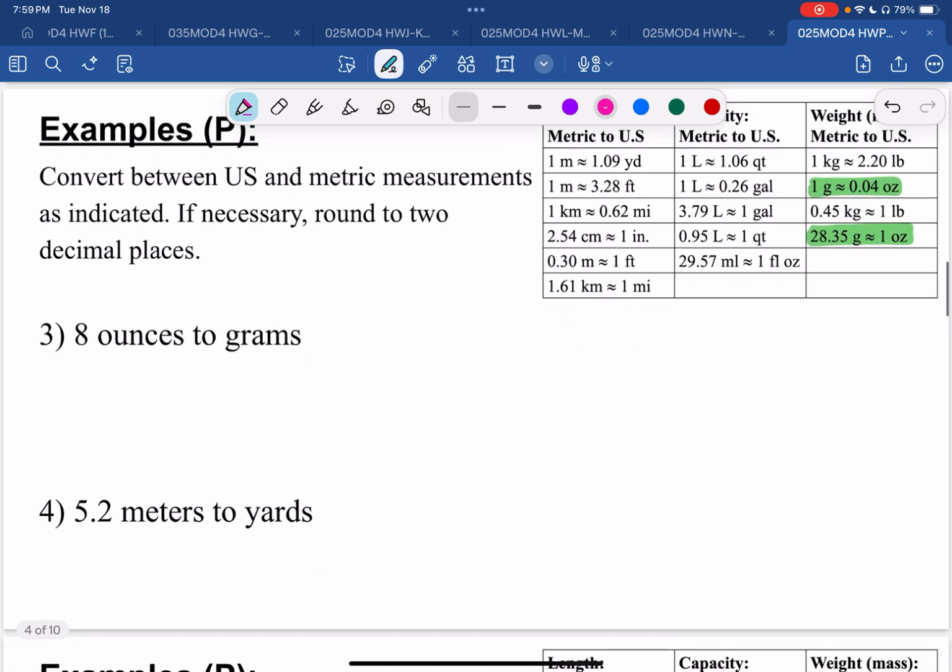So if I start out with 8 ounces over 1, this time I'll do the first one. So 1 gram equals 0.04 ounces. That means that I need my ounces to be in the denominator and my gram to be in the numerator. These will cancel. I'm going to divide, and I'm going to get 200 grams.